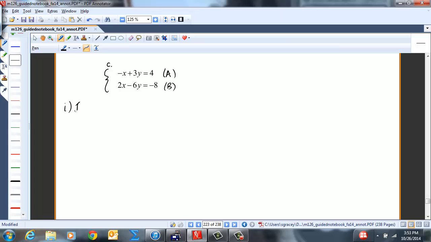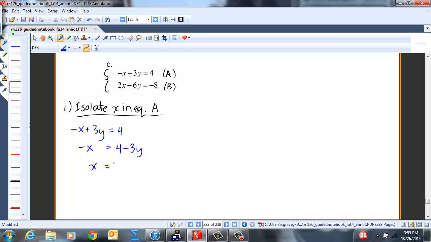We're going to isolate x in equation A. So we'll have negative x plus 3y is equal to 4. Negative x is 4 minus 3y. Multiplying both sides by negative 1, it'll flip the signs on everything. So we'll get negative 4 plus 3y.